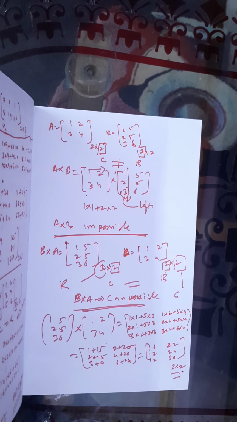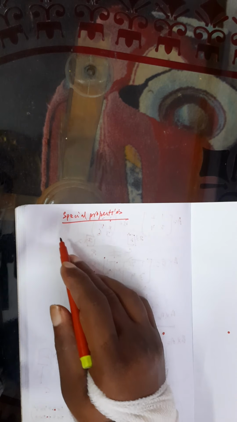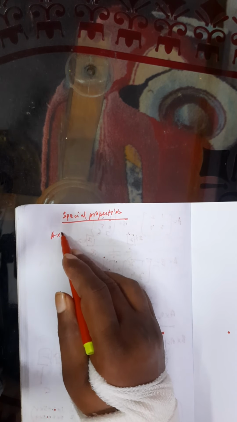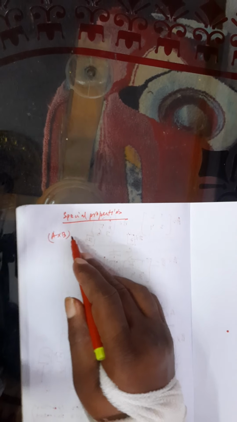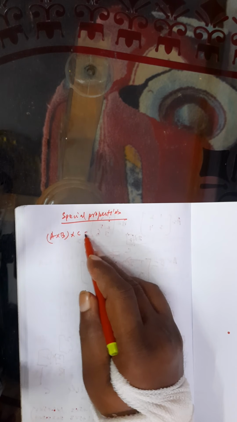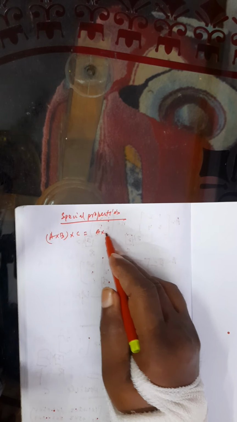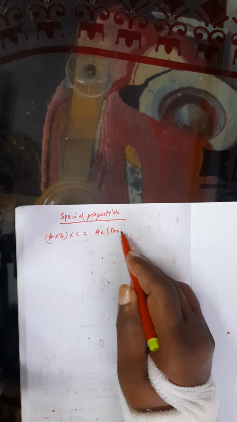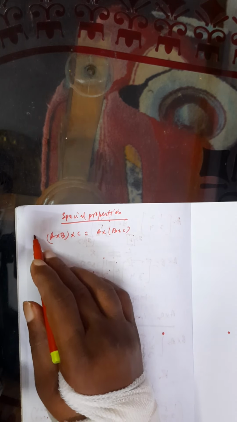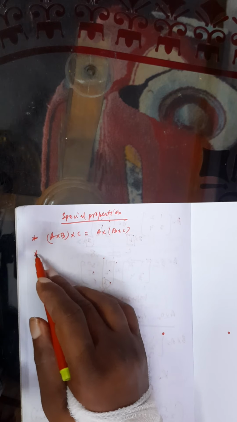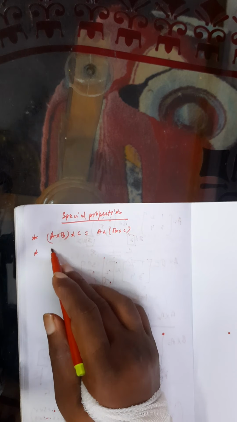Now we are going to do the next thing, special properties of multiplication. If the order is the same, A cross B cross C is always equal to A cross the product of the last two matrices. So this is one property. Another one, if we are not changing the order, that's why they are equal.